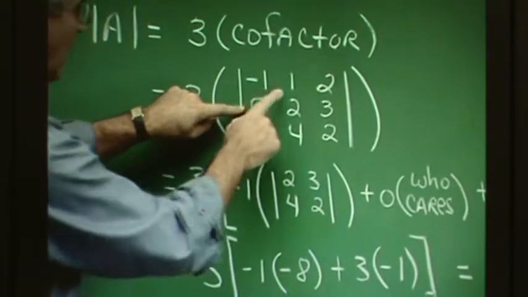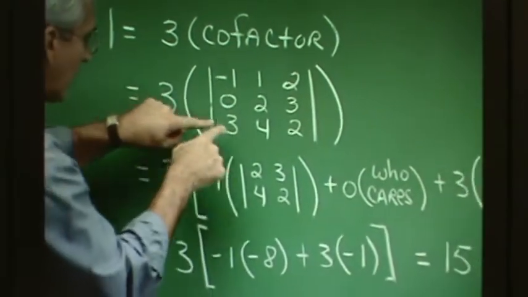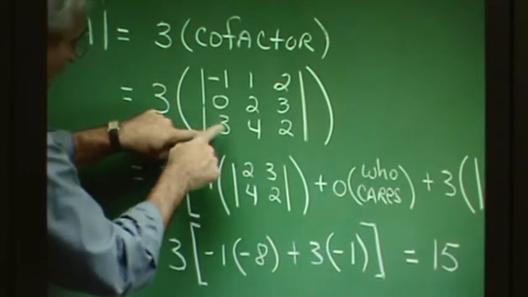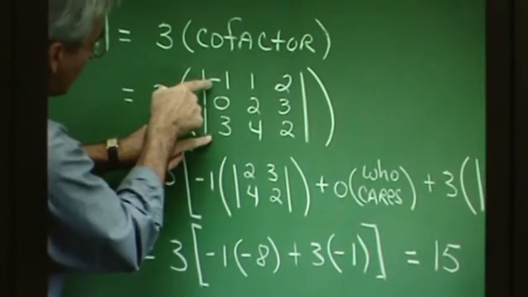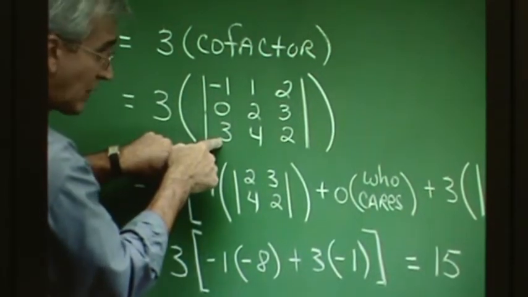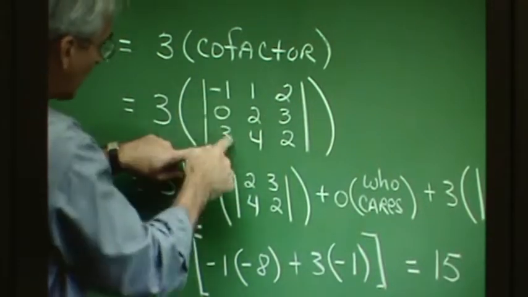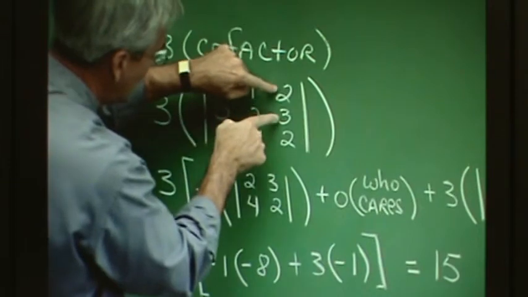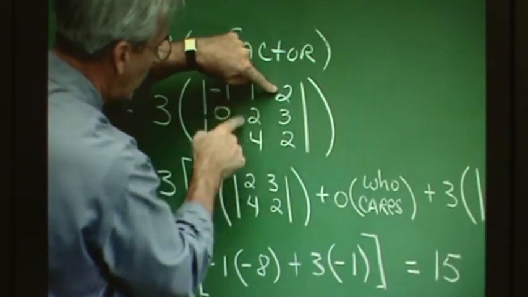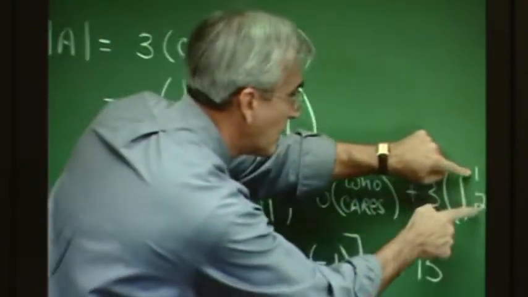That's just going to go out. And then I'm continuing down, 3 times. Now the sign pattern for the 3 is plus, minus, plus. So it's 3 times plus some determinant. Well, the determinant is the 1, 2, 2, 3.